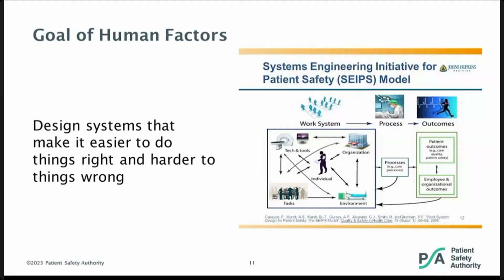I was saying the goal of human factors, we were talking about what human factors is, but the goal of human factors is really designing that system to make it easier to do the right thing and harder to do the wrong things. Think about, what do safe systems mean here? What does system design mean? Like how are we taking approach to designing either a new process or purchasing or implementing new equipment?